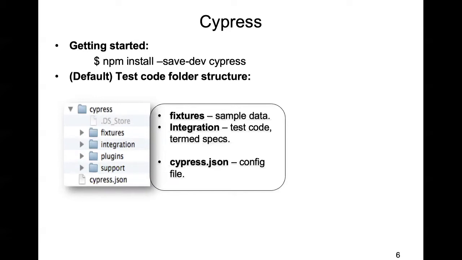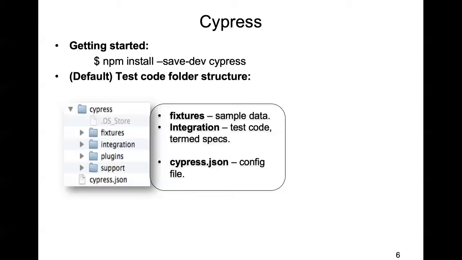The fixtures folder is where you would put test data. I don't think we do it in the labs, but it's there anyway. The plugins folder is fairly obvious because there are a number of plugins that have been developed by the community over the years for Cypress. And the support folder is kind of linked to the plugins as well.